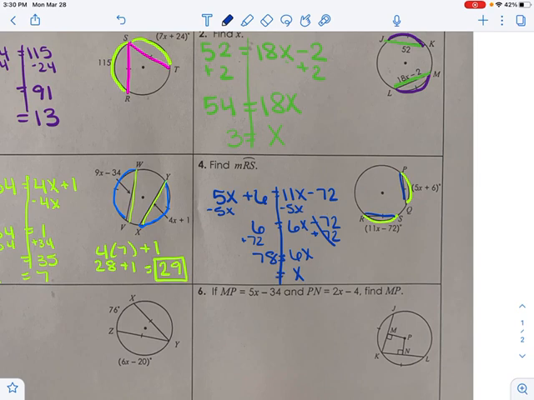X should equal 13. And again, they say find RS. There's RS. So we're going to plug in 13 for x, and according to PEMDAS, that should get me 71.